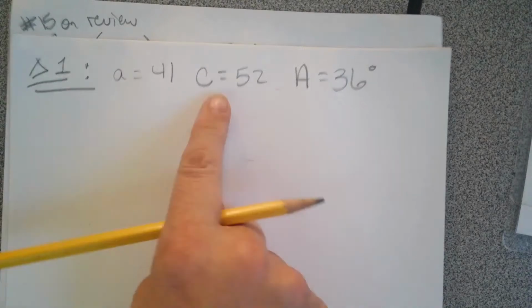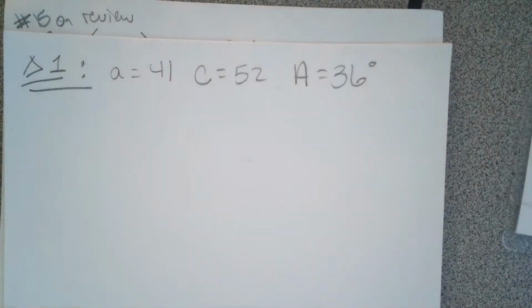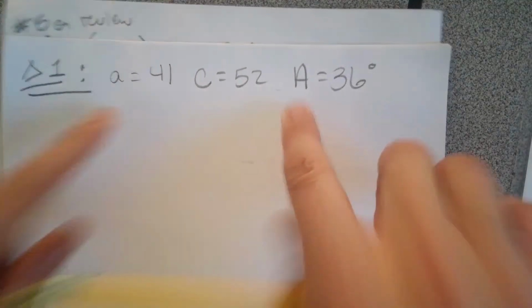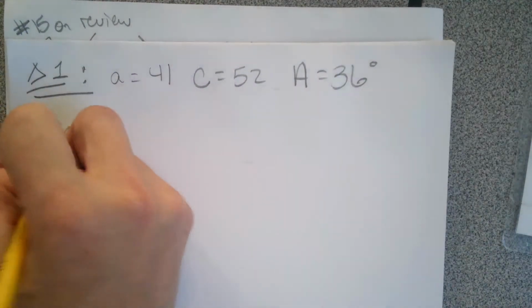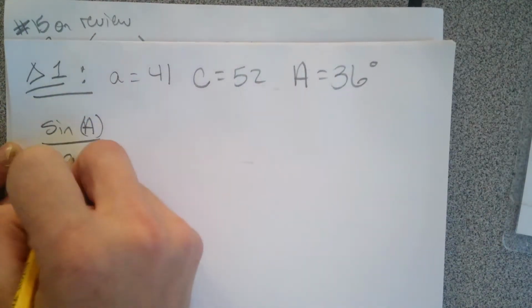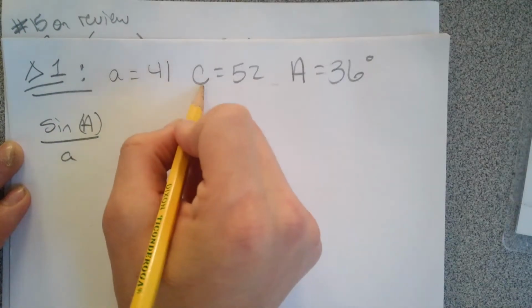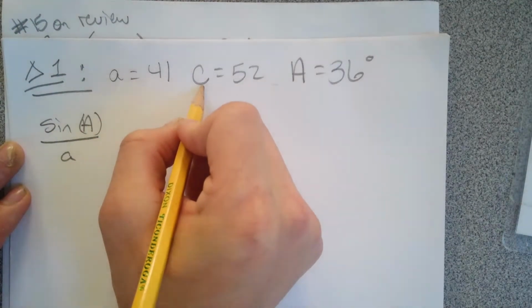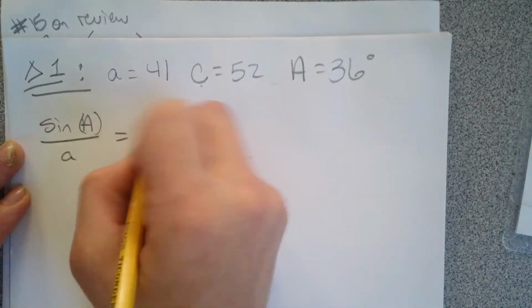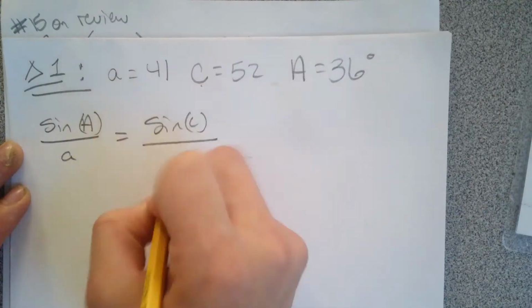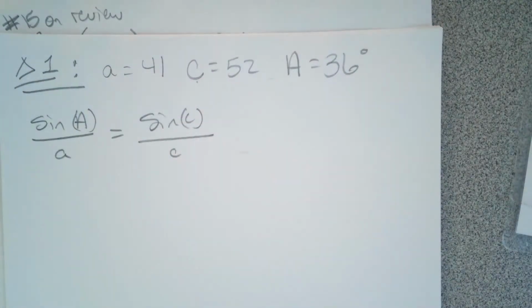Angle C, right? I know angle A and side A, so I can set up that part of the ratio. And I also know side C, but I'm missing angle C, right? So I will know 3 out of the 4 pieces of information.